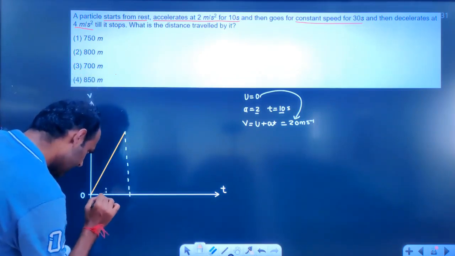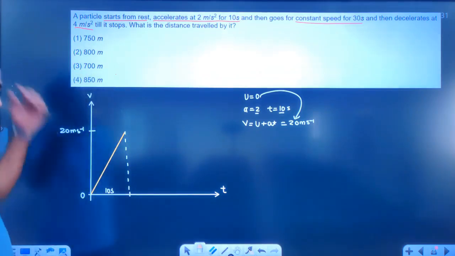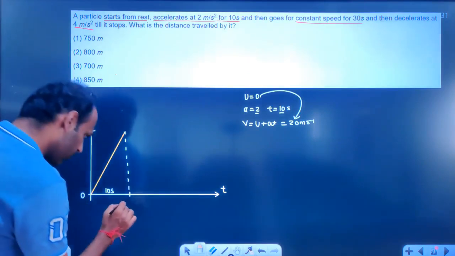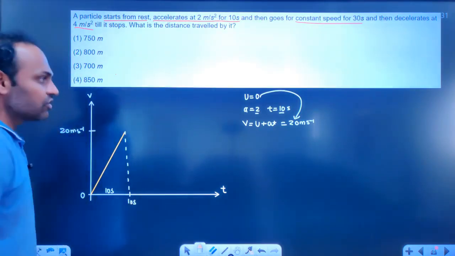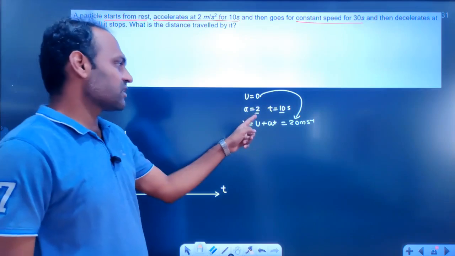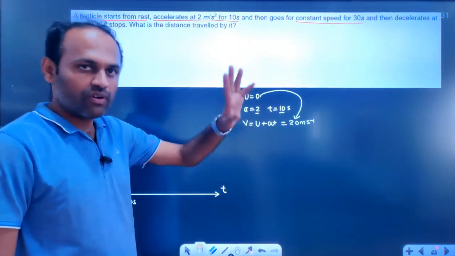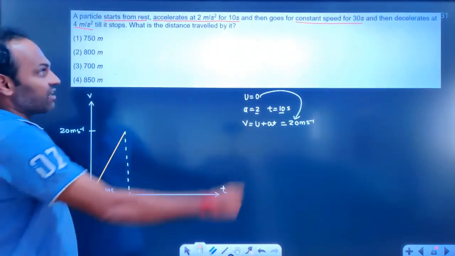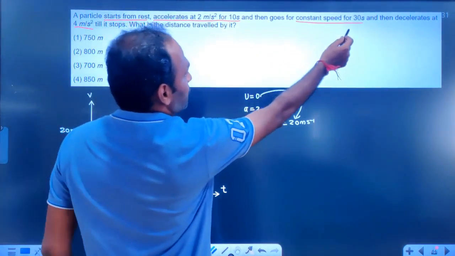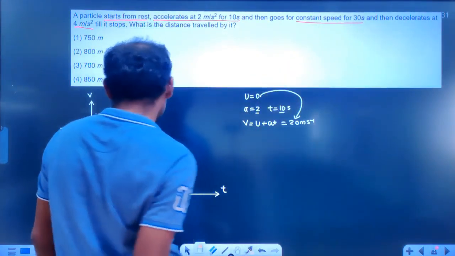It has taken 10 seconds. So in 10 seconds with 2 meter per second square acceleration, it has reached a velocity of 20 meter per second. After that, for the next 30 seconds, the speed is constant.